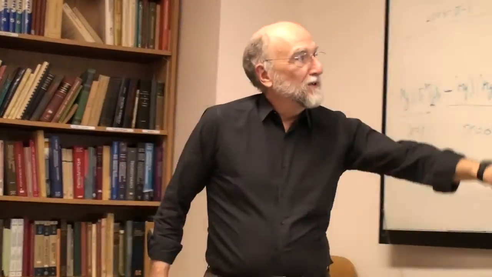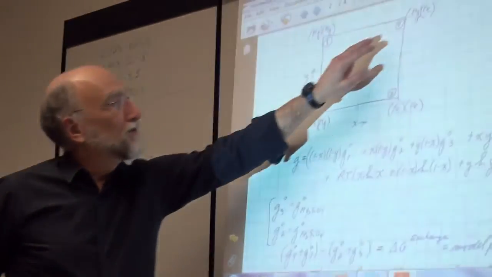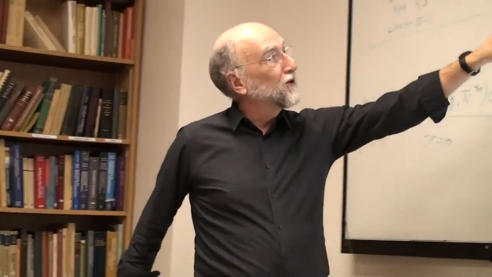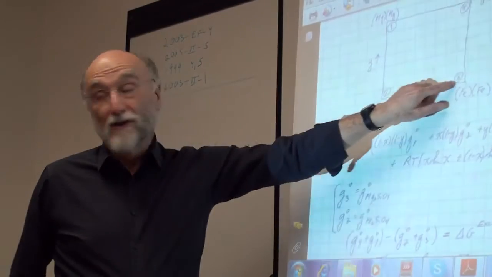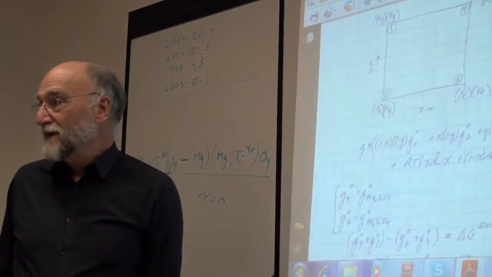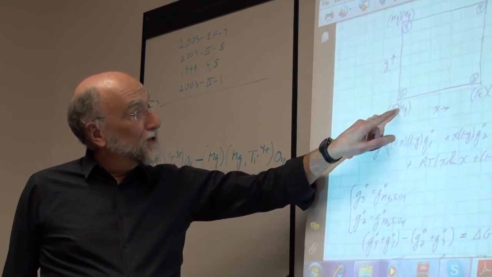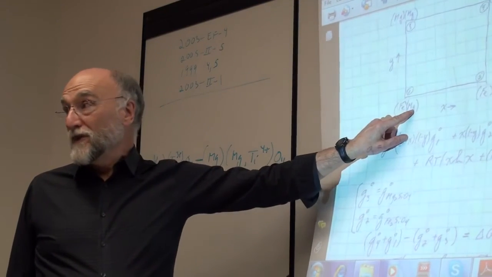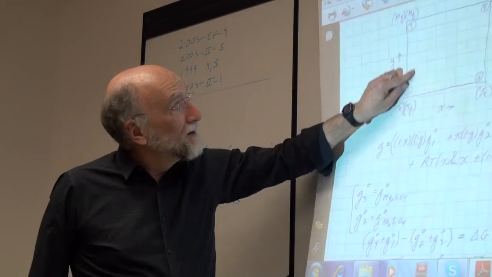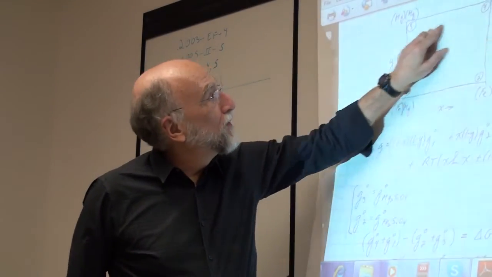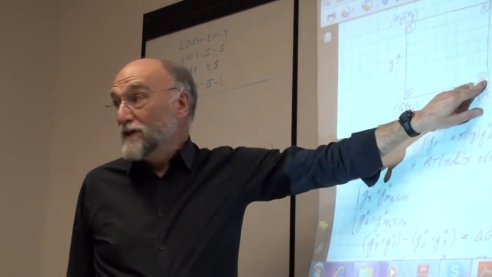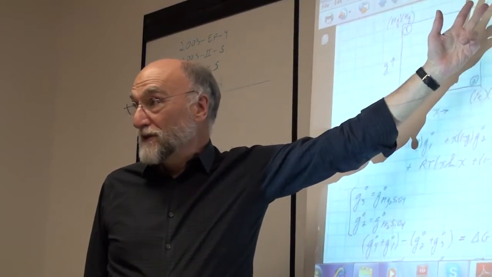I would say the most important thing is the difference between G01 and G04, which is going to decide whether it's going to want to go this way or that way. If G01 is more negative than G04, it's going to want to put the iron here and the magnesium here as much as it can. If G04 is more negative, it's going to want to put the iron and magnesium the other way around as much as it can.